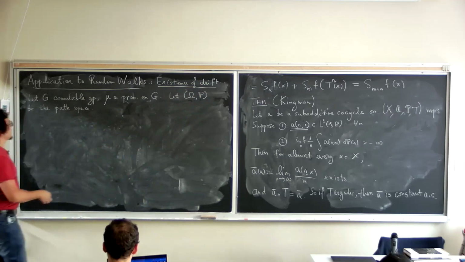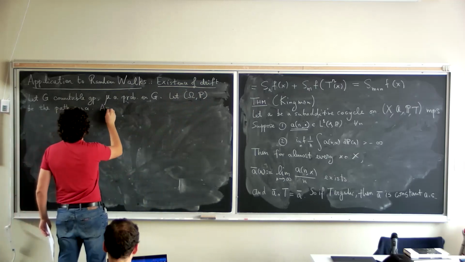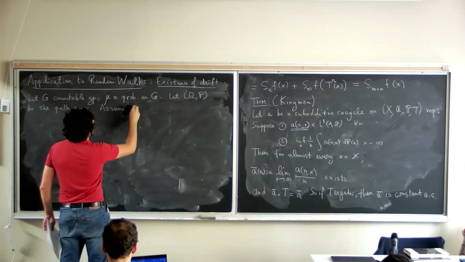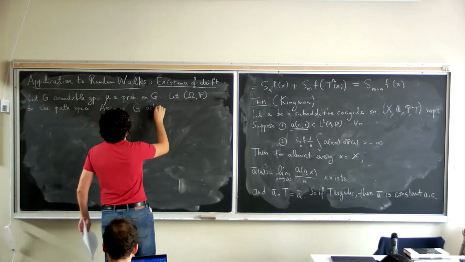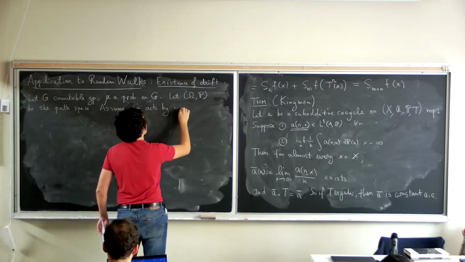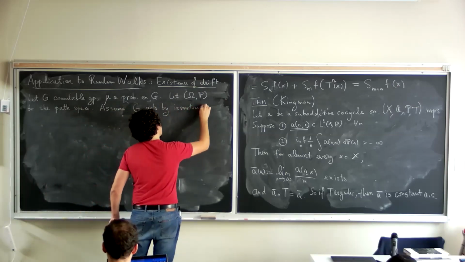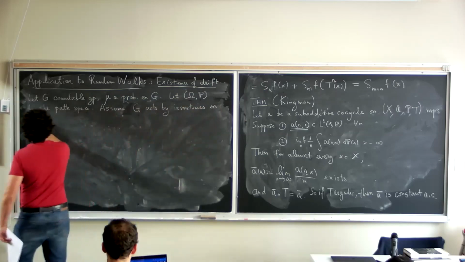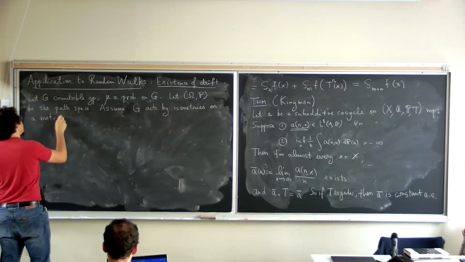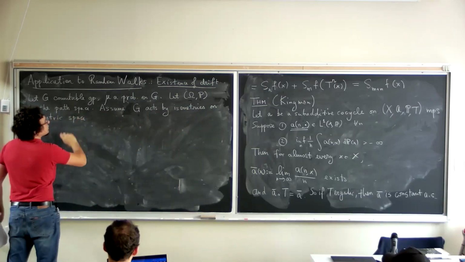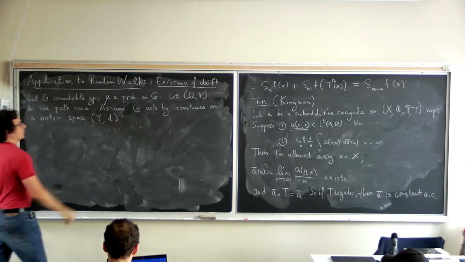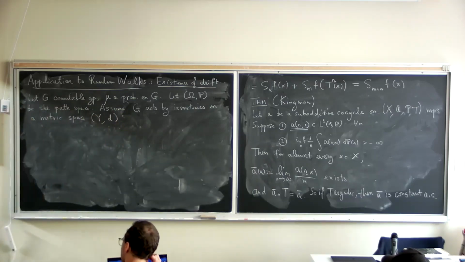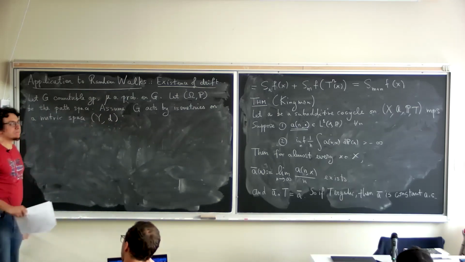Then we assume G acts by isometries on a metric space that, since we already had X before, let's call Y, even though probably later in the course we will call it X in applications, but let's call it Y.